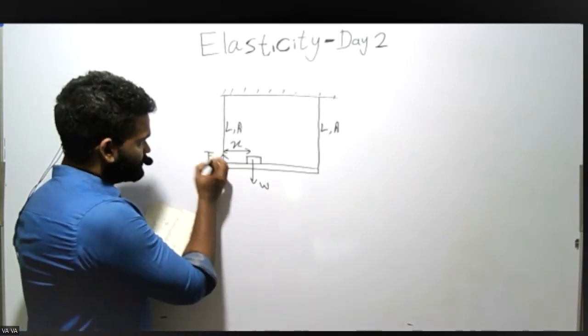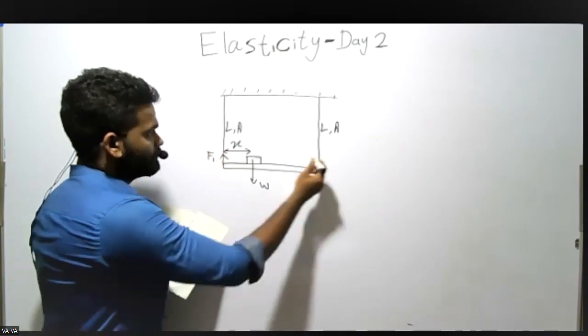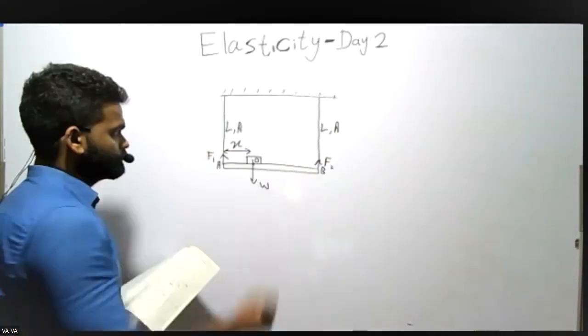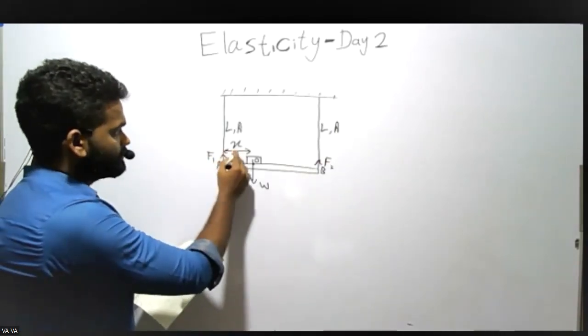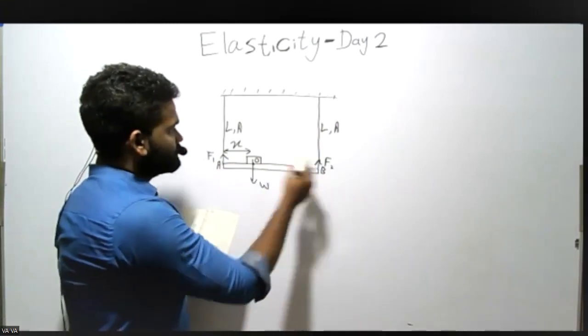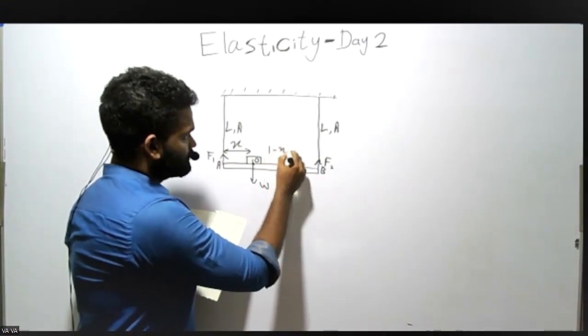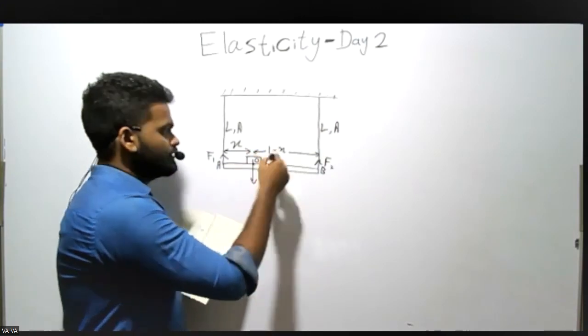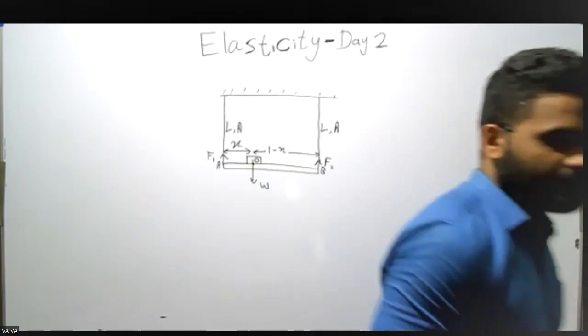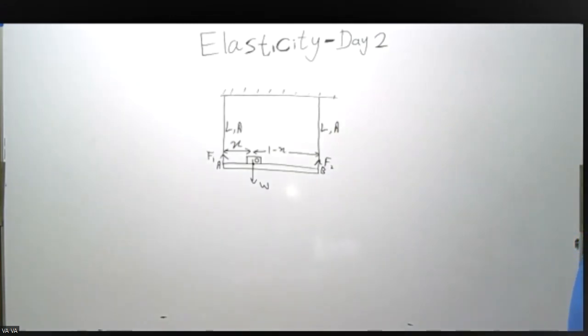So these are the tensions in the wires, F1 and F2. What they ask is this distance x. The length of this rod is 1 meter, so this length is 1 minus x. All you have to do is find x.